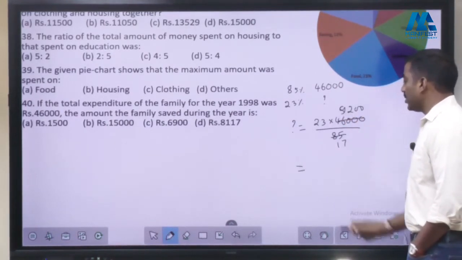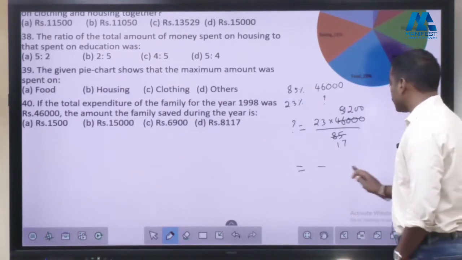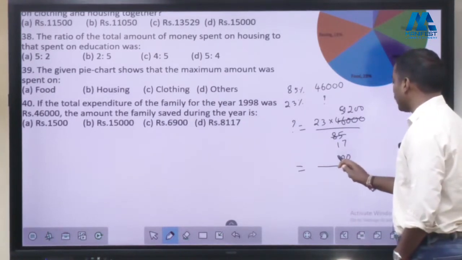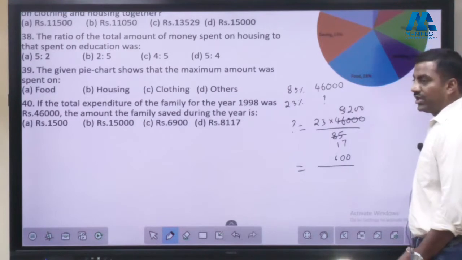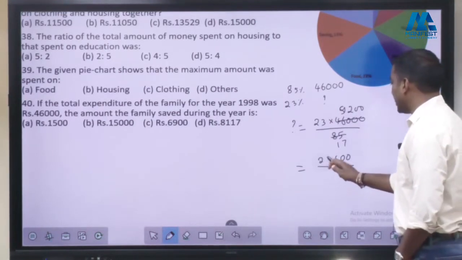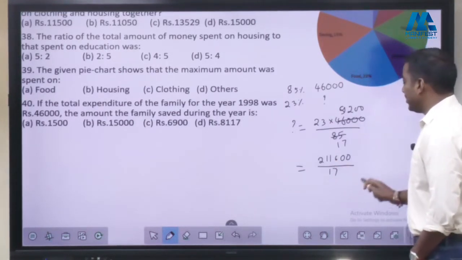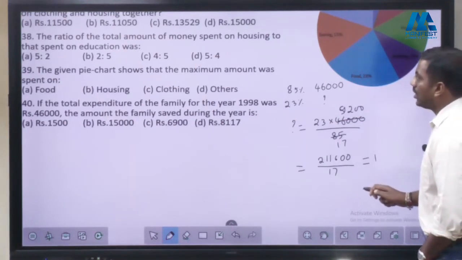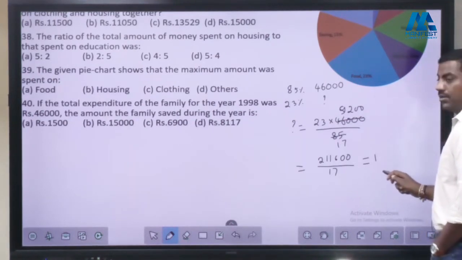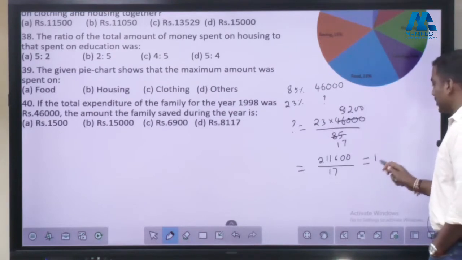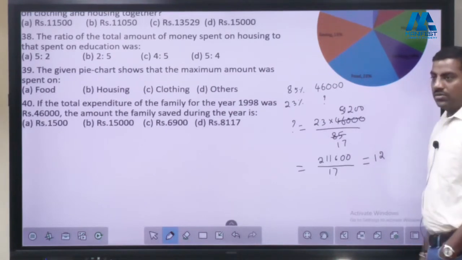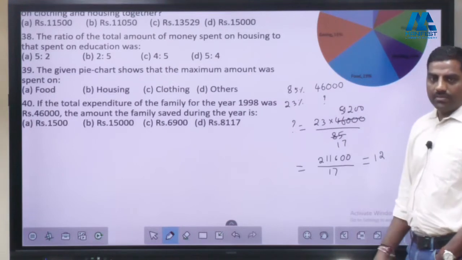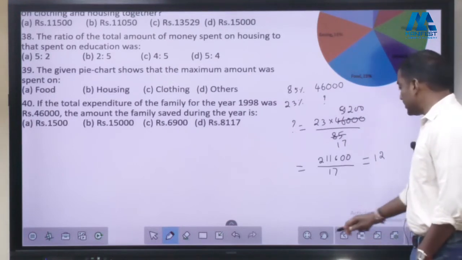So see, 23 into 92, 23 2s are 46, 23 9s are 207 plus 4, 211 divided by 17. So 17 1s are 17, then 4 is left, 17 2s are 34. So something starting with 12.